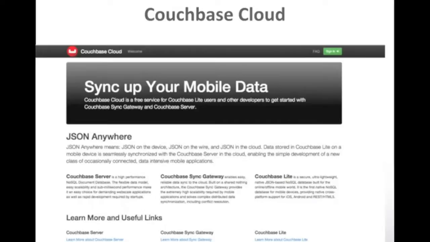So just to jump back in real quick, one thing that I was really impressed with is how fast setting up a sync gateway is. It's a matter of sign up and creation. There's a little bit of a learning curve in terms of the sync function, but the number of different back-end pieces of functionality you can put together with a sync gateway and the sync channels is really astounding.